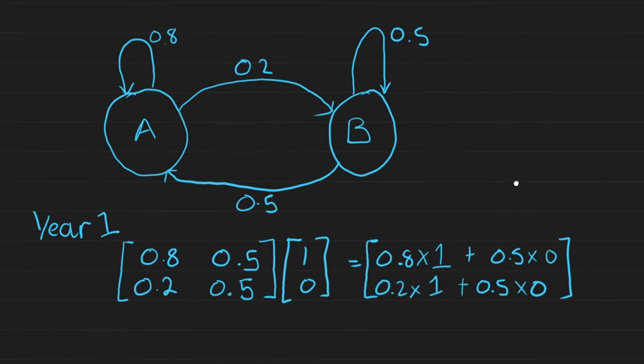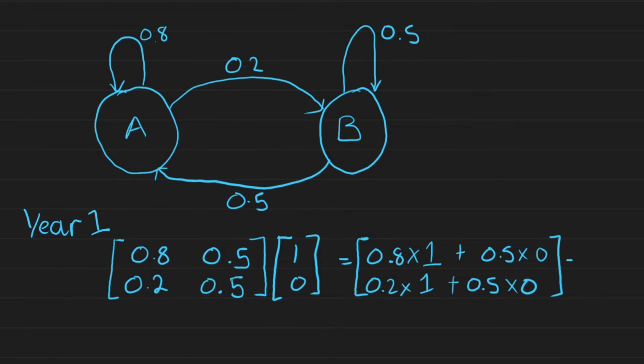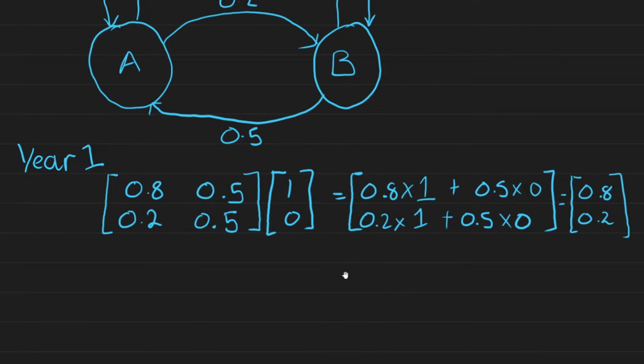So at the end of year 1, it's equal to 0.8 and 0.2. This means that 80% of the people are in A, and 20% are in B. We started off in year 1 with everyone in A and no one in B, and at the end of year 1, we have 80% of the people in A and 20% in B. Now we're going to repeat this for year 2.